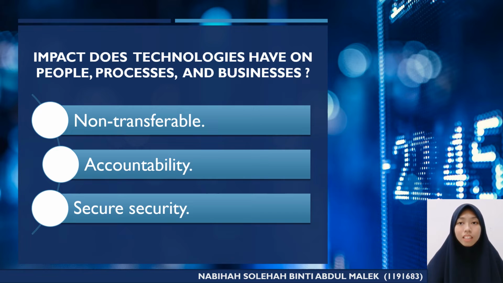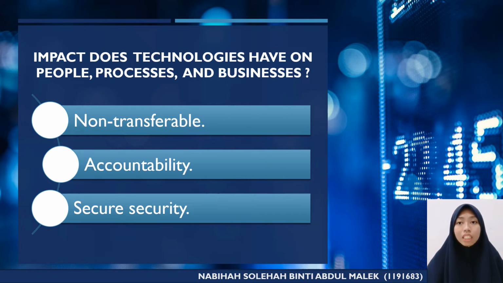Second one is accountability. Using palm print recognition also provides a higher level of accountability at work. Biometric proof that a person was present when a situation or incident occurred is hard to refute and can be used as evidence if required.